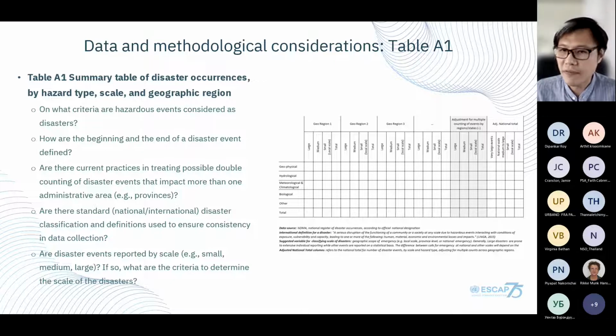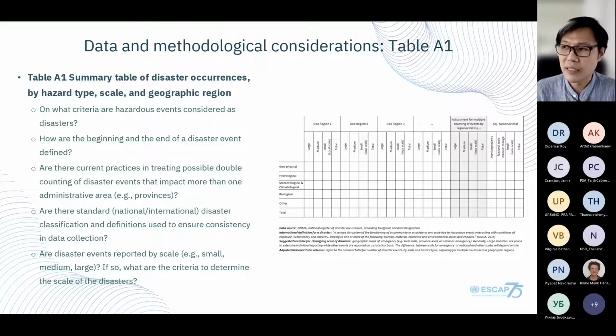And if we look at the sub-columns under each column, it's also relevant to understand that different disasters have different scales. Some disasters might be on a very local scale that impacts a small area in a region or in a province. Some may be big, medium, some may be very large.